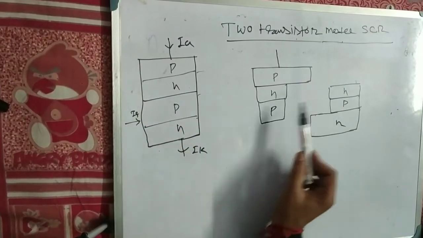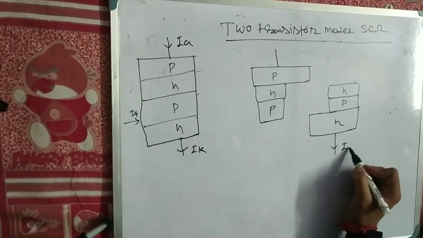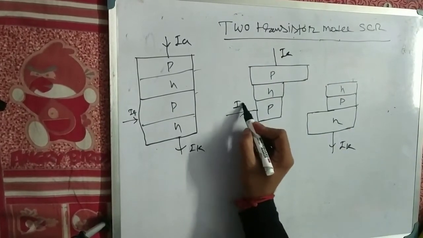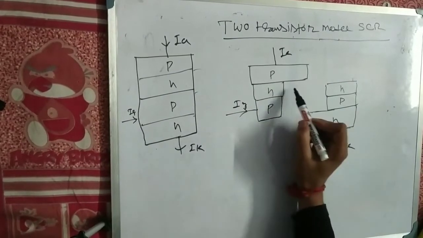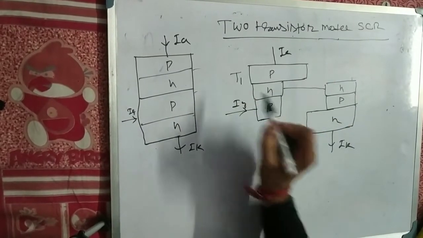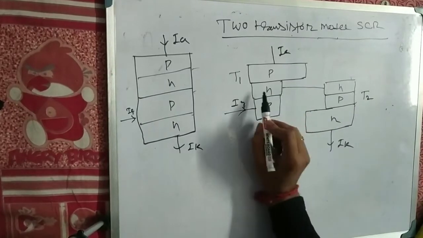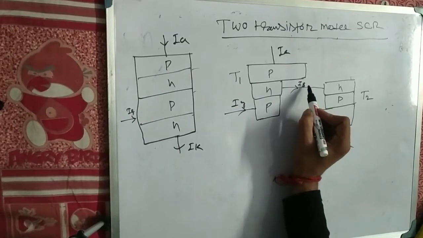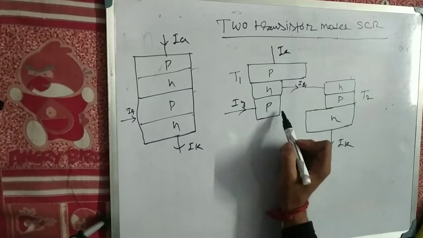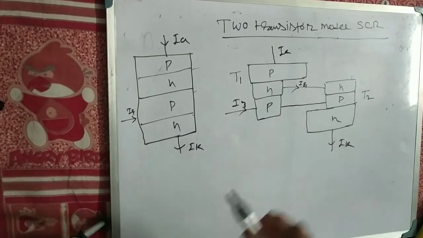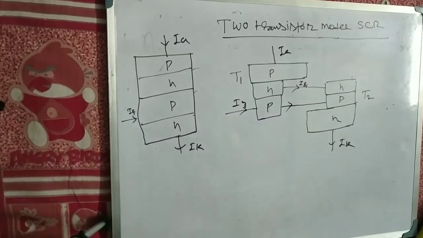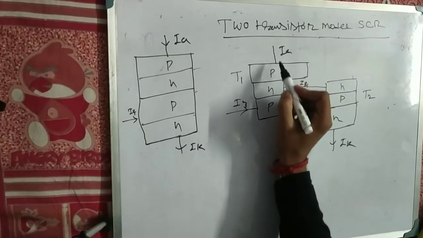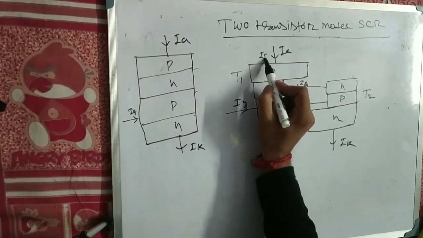This SCR is broken into two parts, where this is the cathode, this is the anode current, and the gate current IG is supplied here. Now this PNP transistor is transistor 1 and this NPN is transistor 2. For the PNP transistor this is the base current IB1, and this is the collector current IC1, and this is the emitter current.